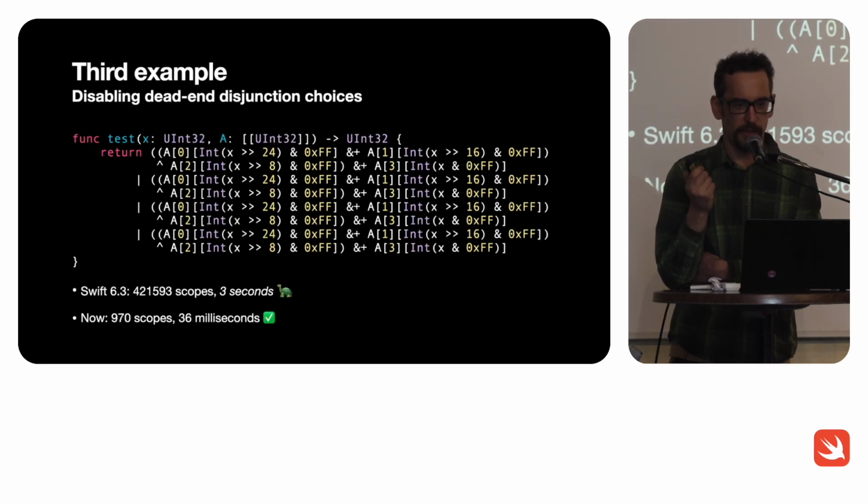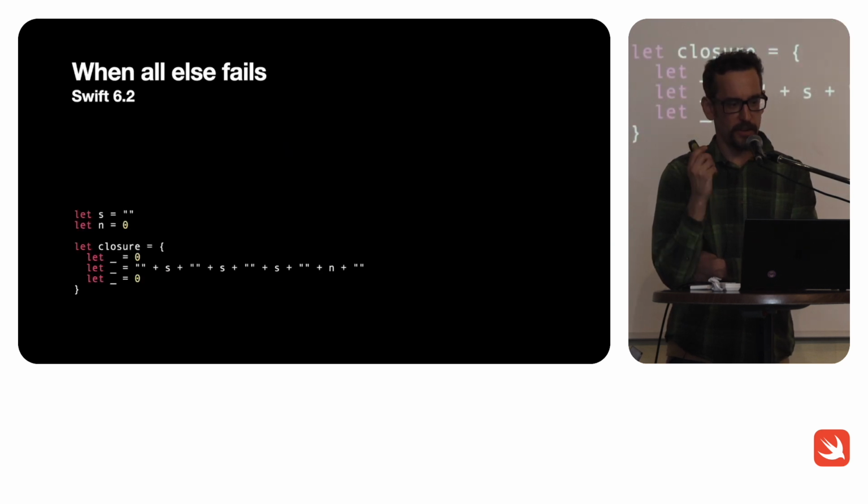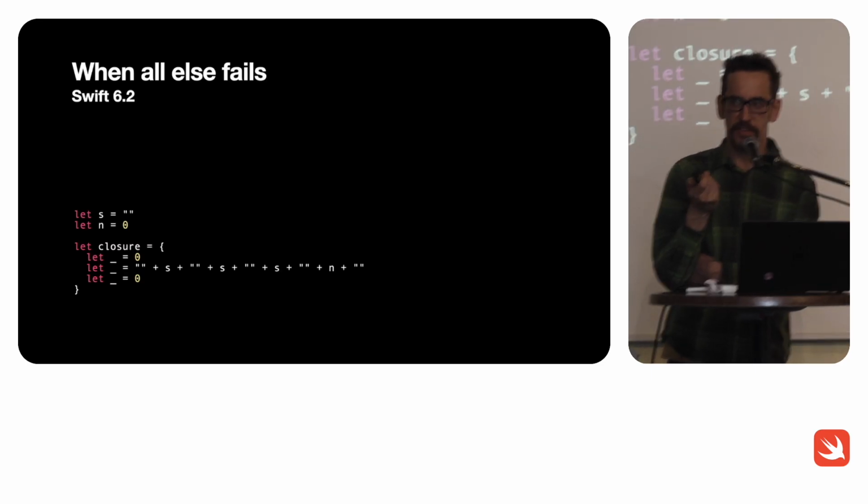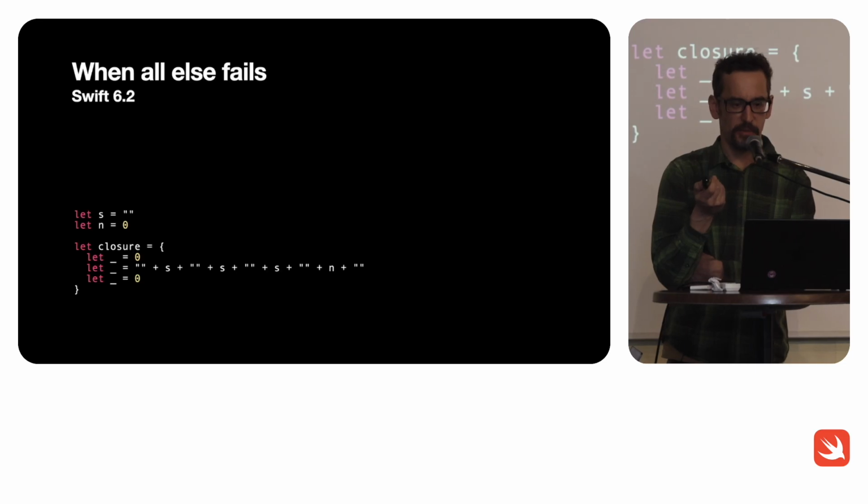And finally, for my last example, we are going to look at when all else fails, and given that for theoretical reasons, you will sometimes see this too complex error showing up. So here's an example where we have an invalid expression.